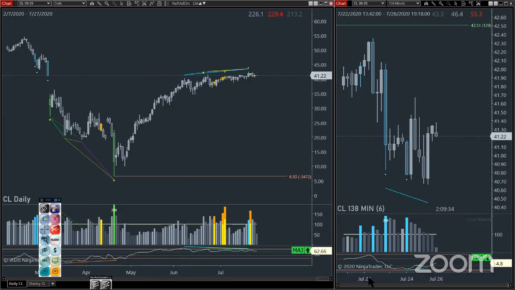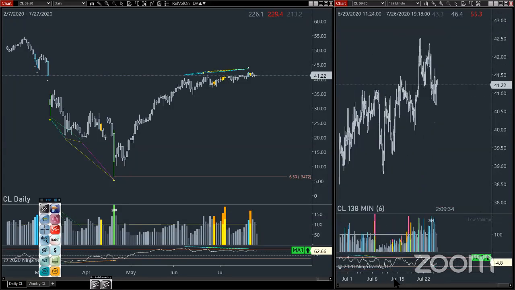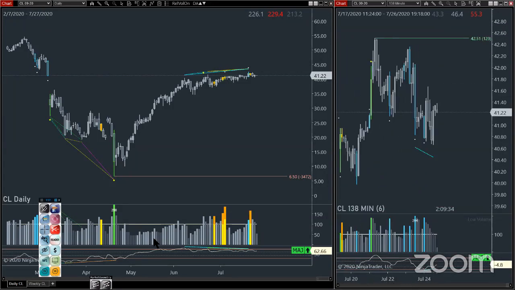So that's really the only significance of that number, 138. So I'm just going to do the daily, weekly, and 138-minute. I'm going to go through crude, then ES, and then 6E, and then we'll see how far we can get. I'm just going to go about an hour.